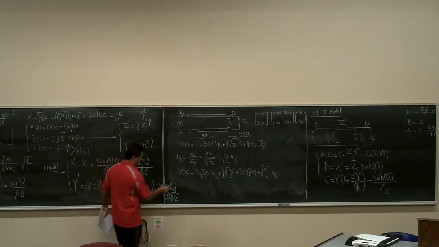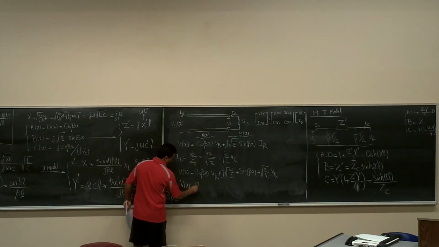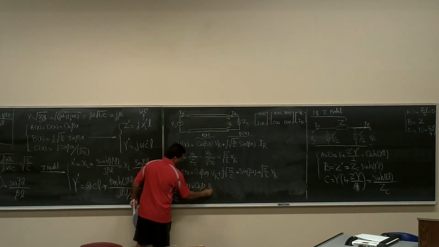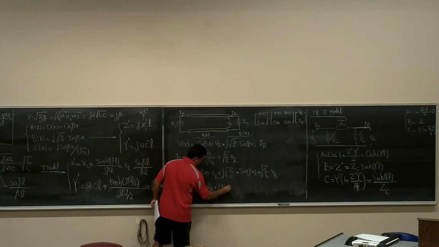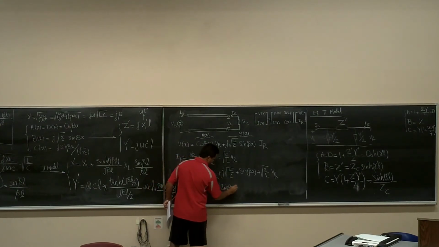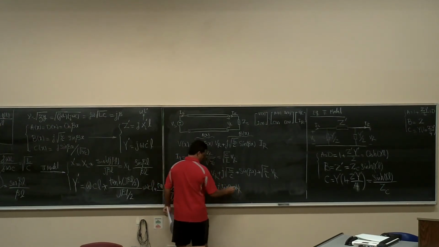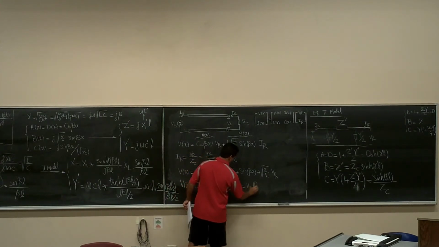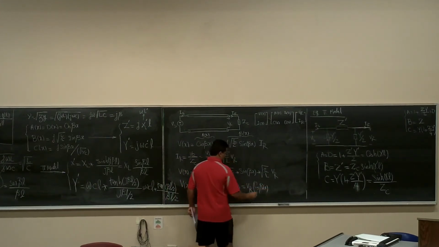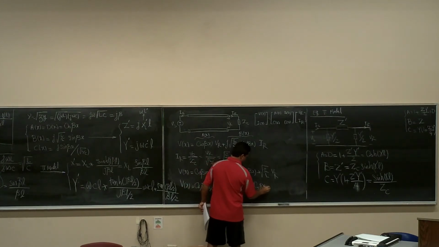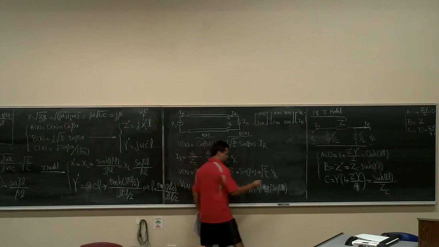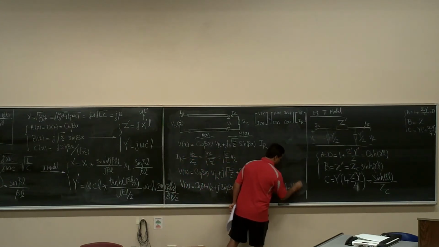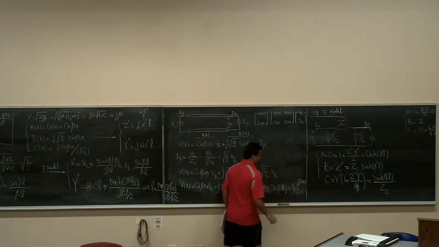So Vx is going to be cosine beta x VR plus j sine beta x VR. Let's factor out VR: cosine beta x plus j sine beta x. Or it is equal to what? VR e to the power of j beta x, right?